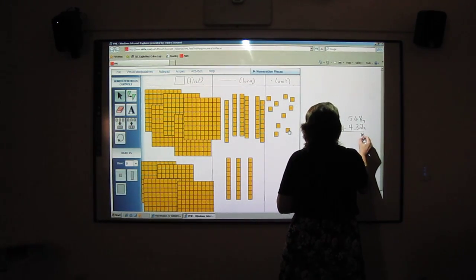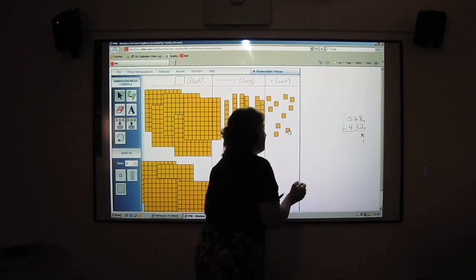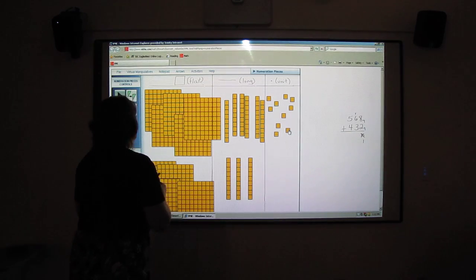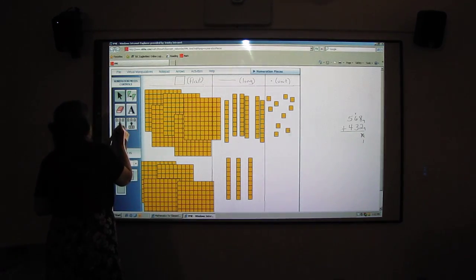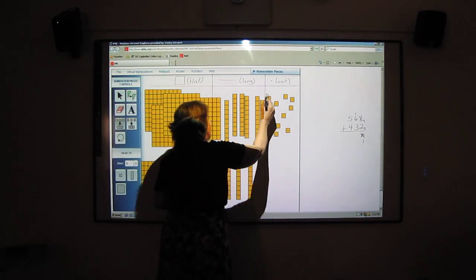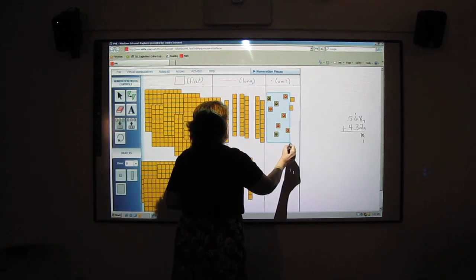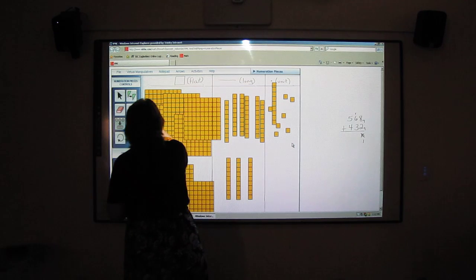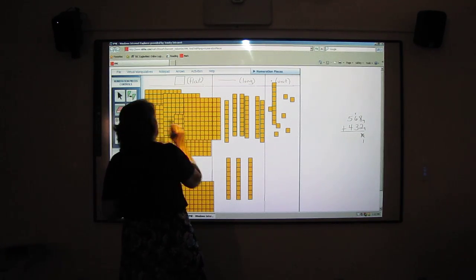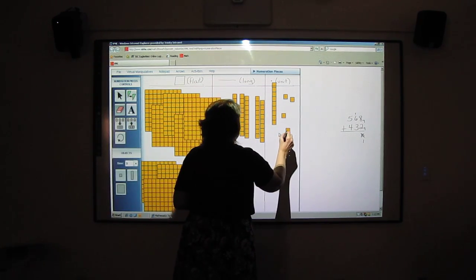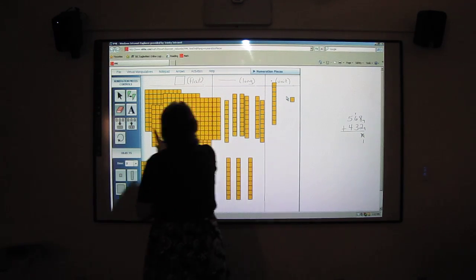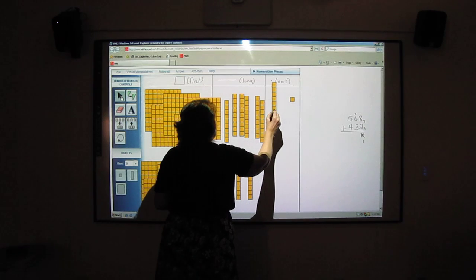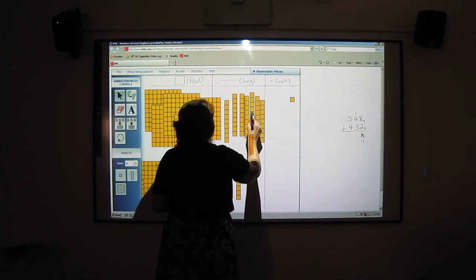I have to trade in 9 of them, which means that I will have 1 left, and I will have moved 1 to the next column. Let's do it. Take 9 of these. Ooh, I really had some extras. Let's get rid of those extra ones. Right? And so I have 1 left.